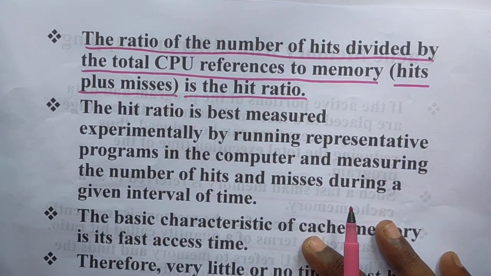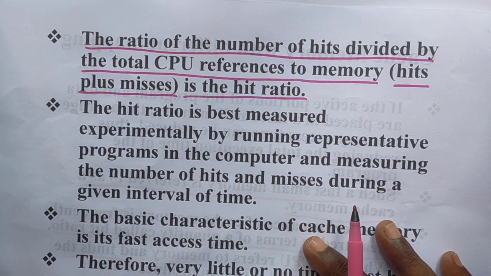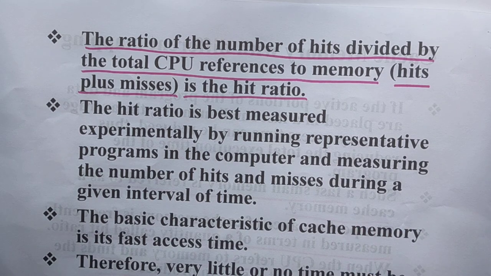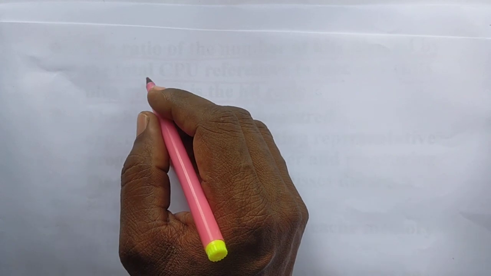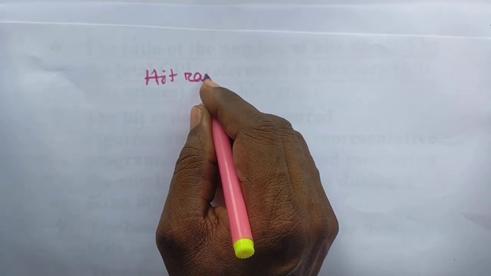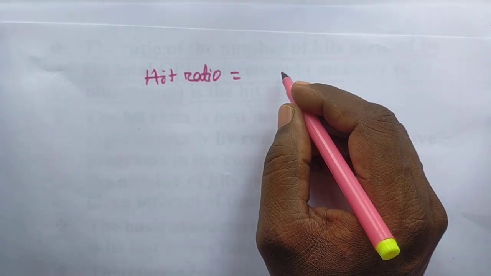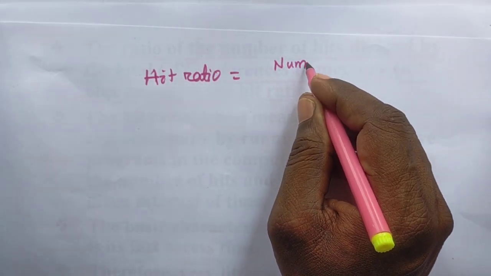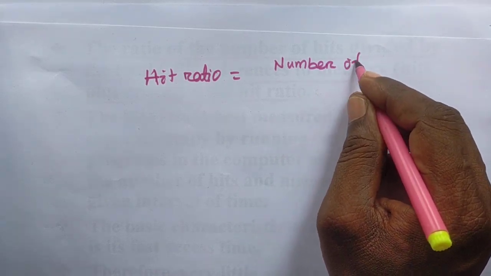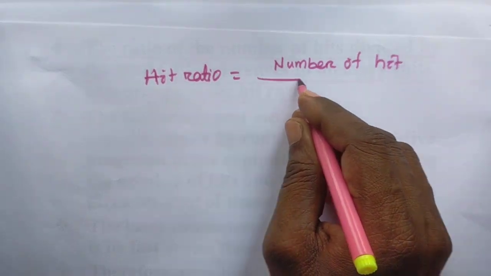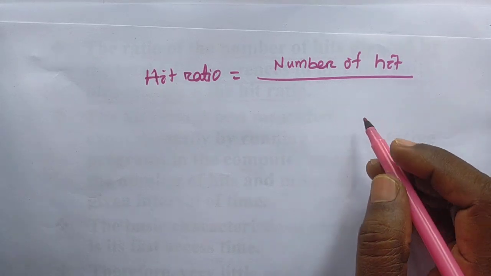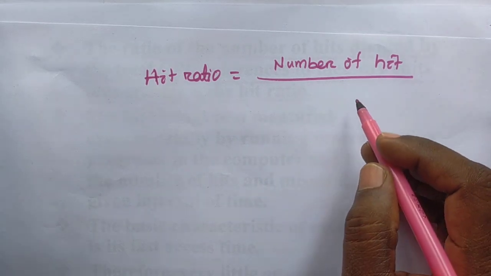That means hit ratio is defined in another way. I will show you how to design the hit ratio: number of hits by CPU references to memory, where a hit means data accessed from the cache memory.